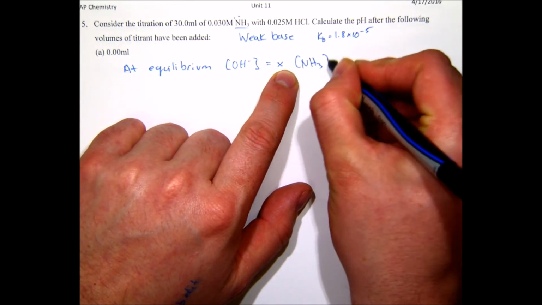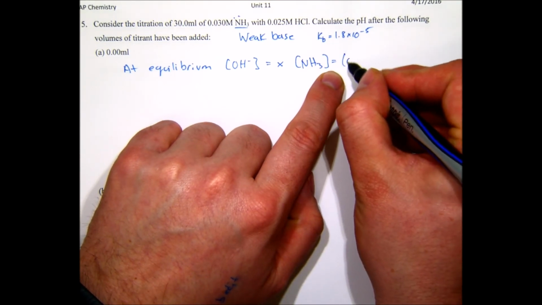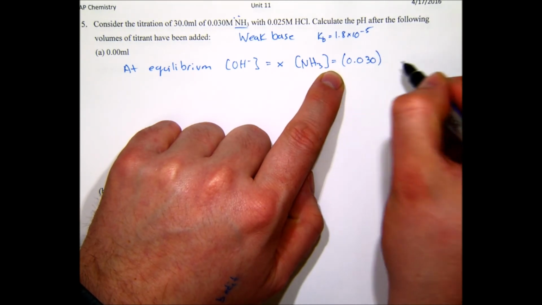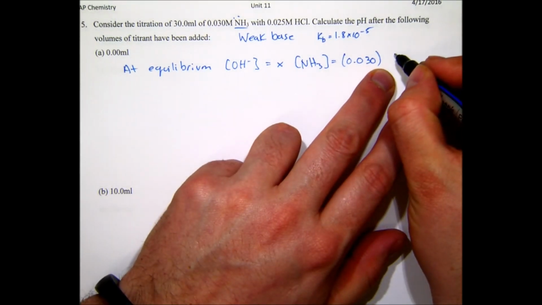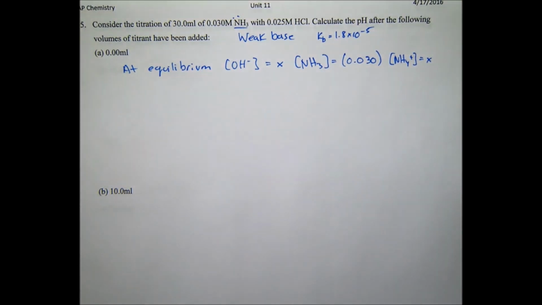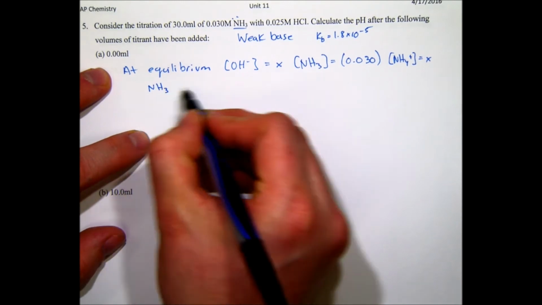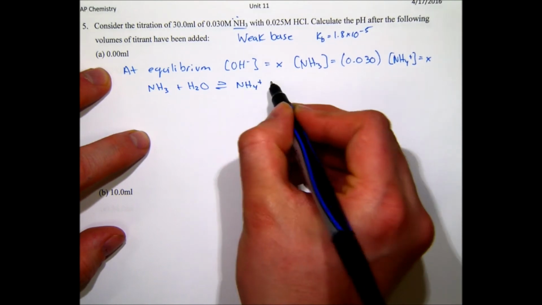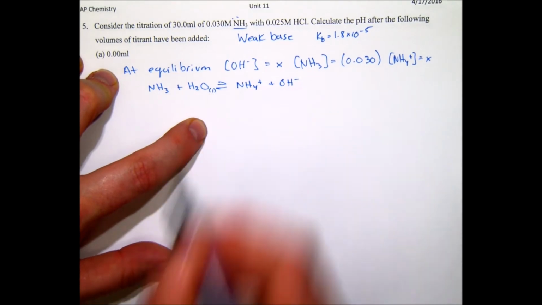So the concentration of NH3 is equal to 0.030. We could write minus X, but we're not going to worry about it. And we also know that the concentration of NH4 plus is equal to X. The equation I'm getting this from is NH3 plus H2O in equilibrium, like this, where we have liquid water being produced.